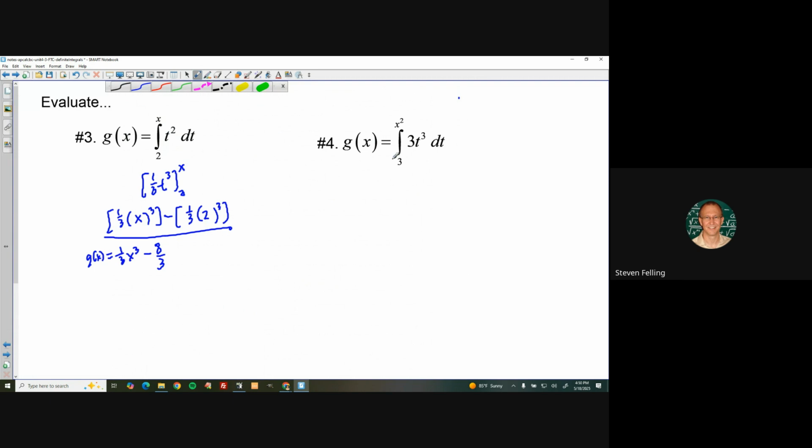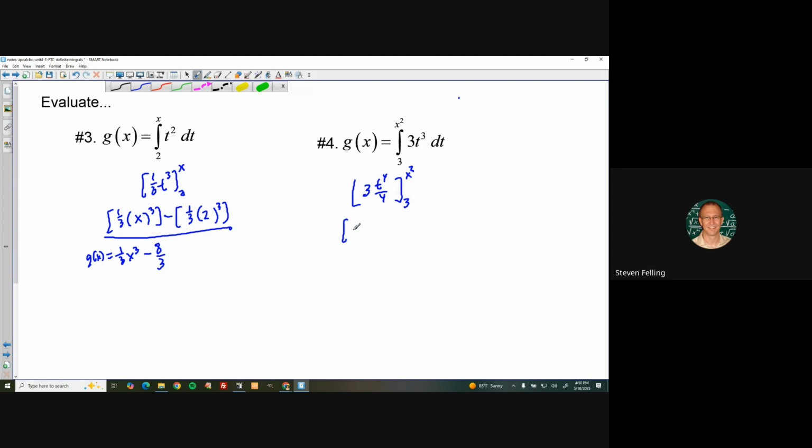Okay, and we could do the same thing over here. Let's do this just as stated. If we want to evaluate that, the definite integral requires us to take the antiderivative. So that would be 3 times t to the 4th over 4. And we're evaluating this starting at 3 and ending at wherever x squared is. We're leaving that as a variable so it can be changed at a later time.